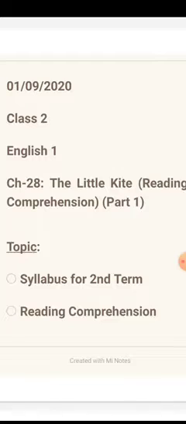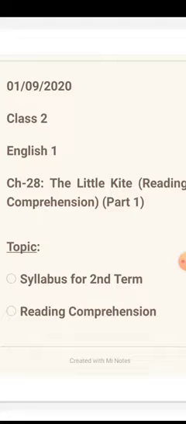So dear children, as promised, I have written down the details of chapters that are going to be covered for second term. These are the chapters which you need to learn and revise well for your second term. And I will be sending you some reading comprehension videos also, which is very important for you to learn.